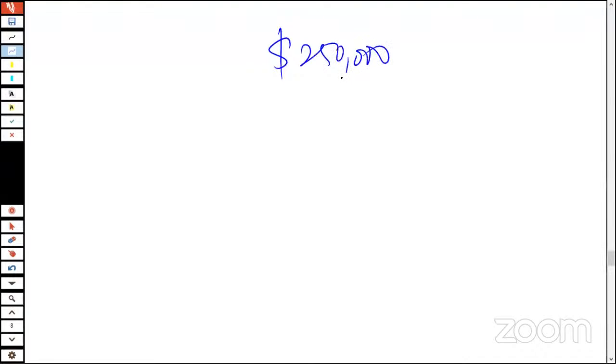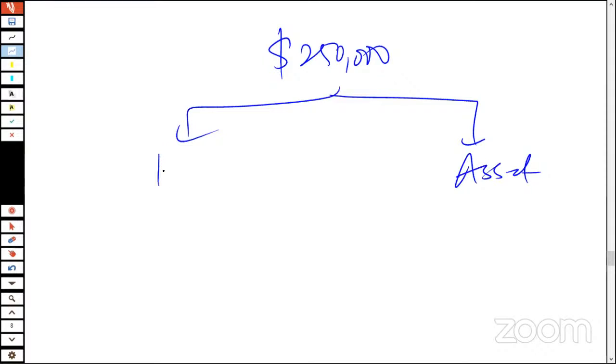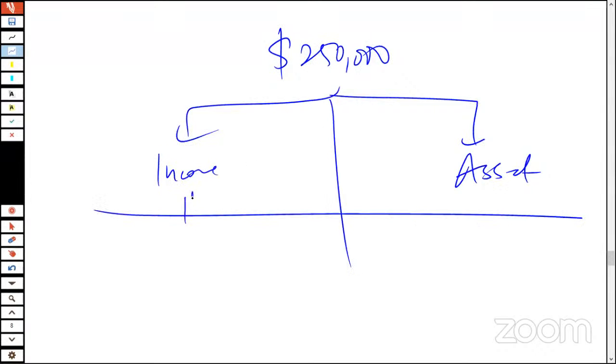So that means, of the 250,000 grant, there is partly an asset related grant and partly an income related grant. When we talk about the income related grant, 20 jobs multiplied by 5,000 gives you 100,000 to be income related.